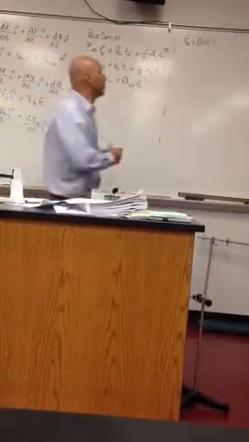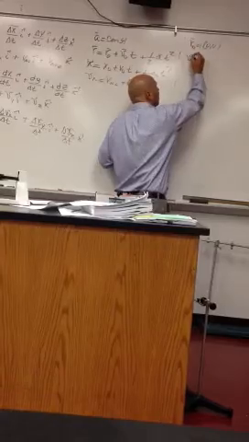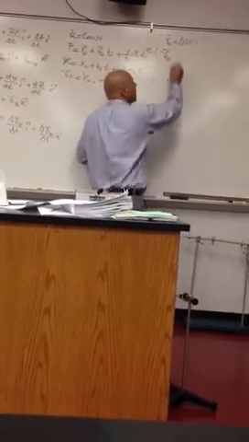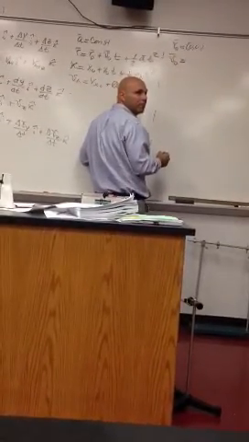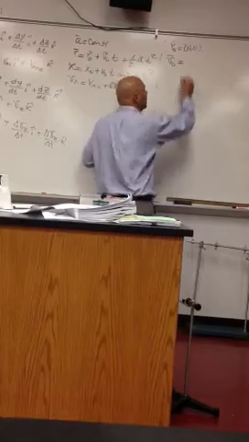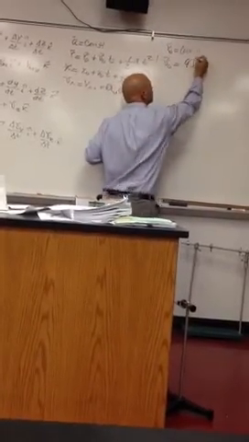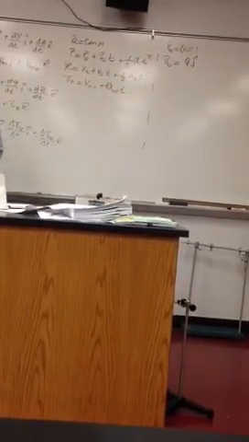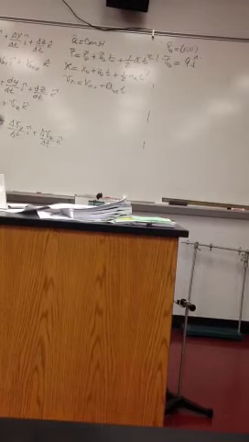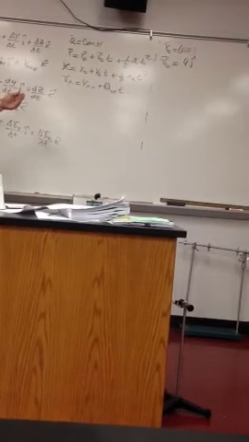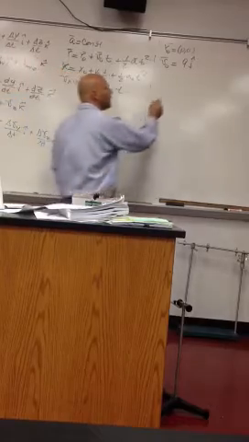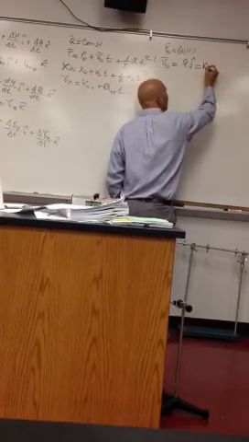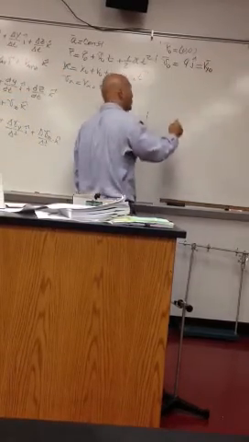So the initial velocity, v0, is equal to what? 9. This is my v0, which is the same as v0y. So you can see that this is the same as v0y. Any question on that?